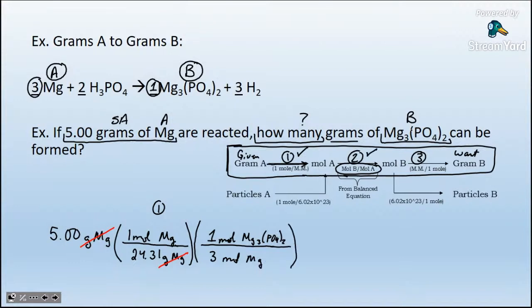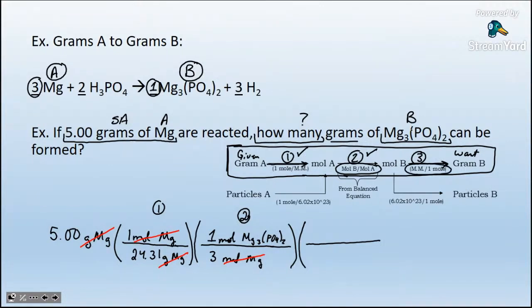That would take care of my step 2. And again, notice, moles of magnesium in step 1 cancel moles of magnesium in step 2. So now for step 3, where I'm going to go from moles of B back to grams of B, and now molar mass per 1 mole.